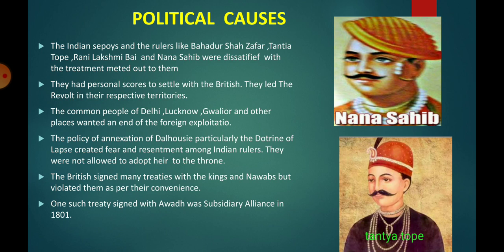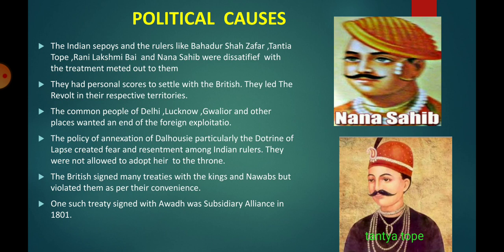By this policy, many kingdoms were annexed with the British Empire. The rulers were not allowed to adopt an heir to the throne.